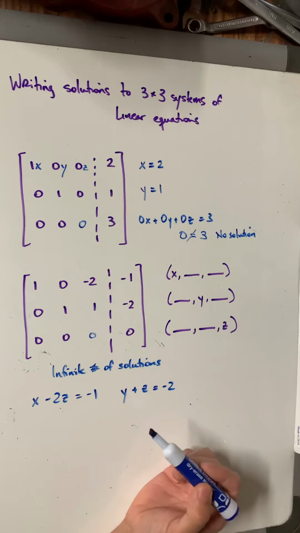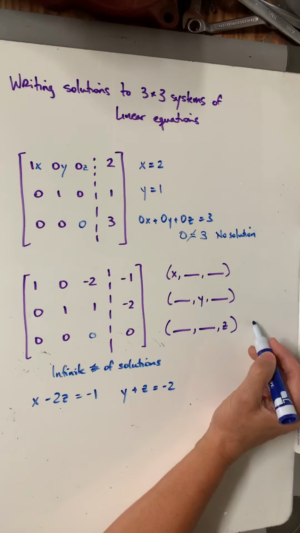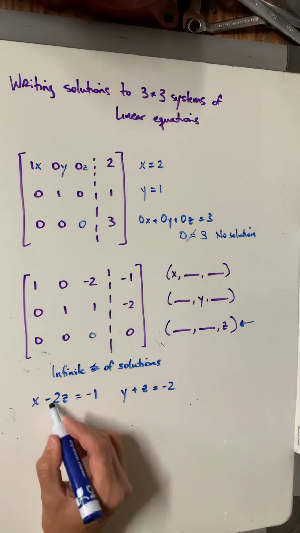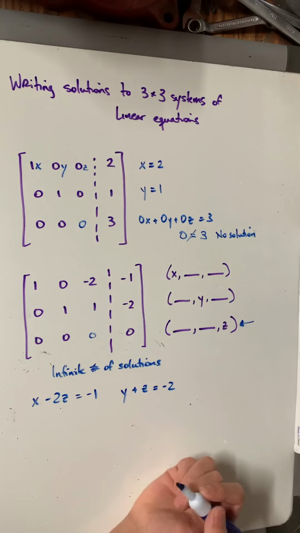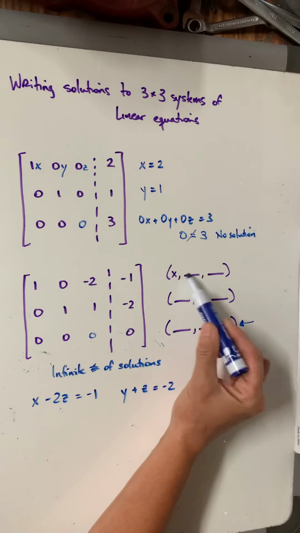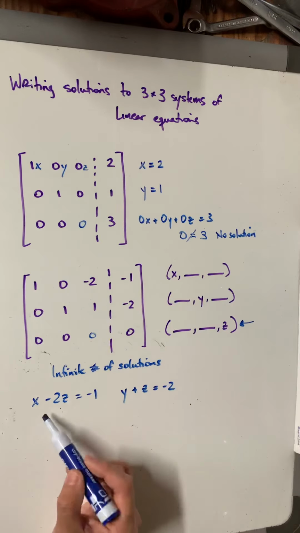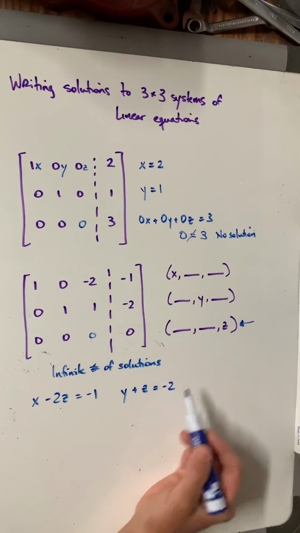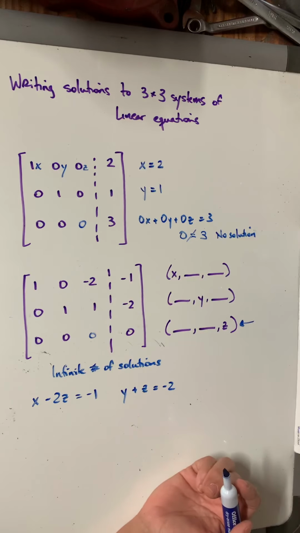So what you want to do is you want to pick the solution that has the letter where both of your equations contain that letter. So notice I have an x here but not here, so I don't want to use the x one. I have a y here but not here, so I don't want to use the y. But I have a z in both places, so I can use my z.